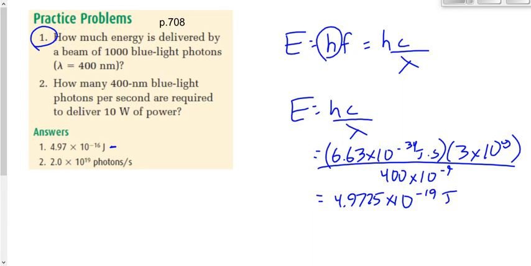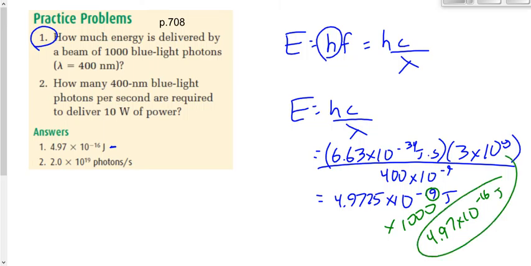Okay, there we go. That's almost our answer, right? We have 1,000 photons. If this is the energy for one photon, how are you going to find the energy for 1,000? Times it by 1,000. What do you end up getting? 4.97 times 10 to the negative 16. There we go. Done deal.